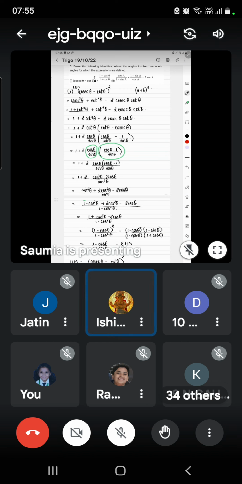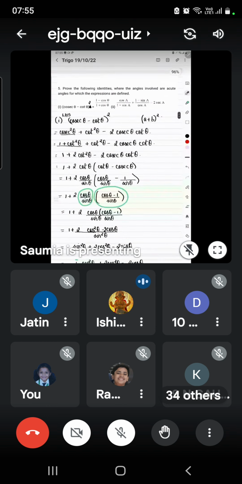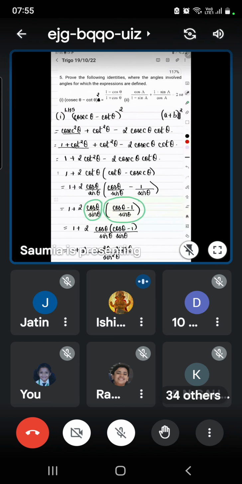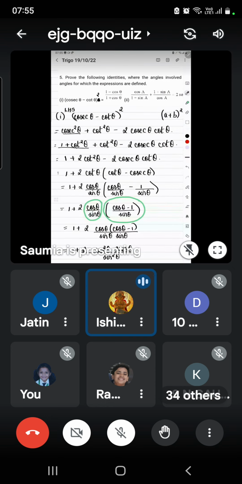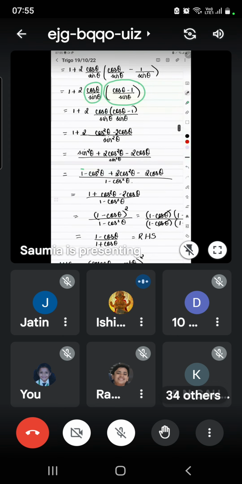Ma'am, I didn't understand after applying the a plus b identity in the first part of the question, when we did it in the first way. This one? Over there: 1 minus cos square theta plus 2 cos square theta minus 2 cos theta.